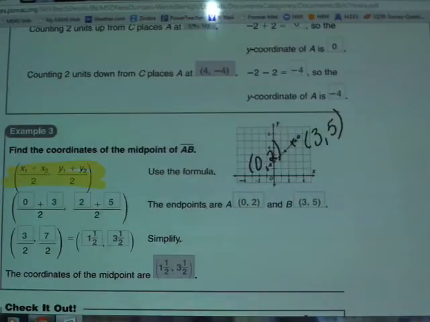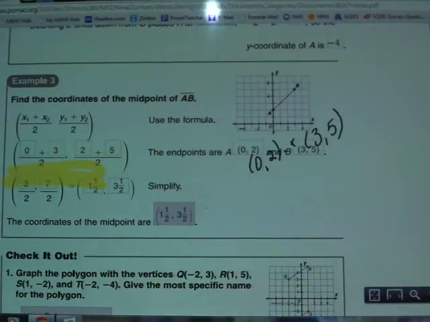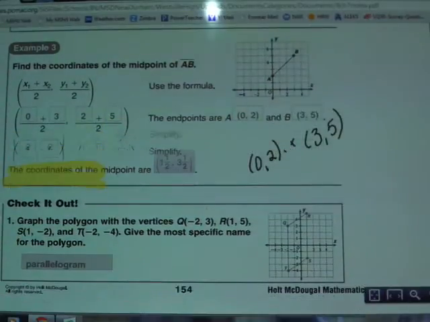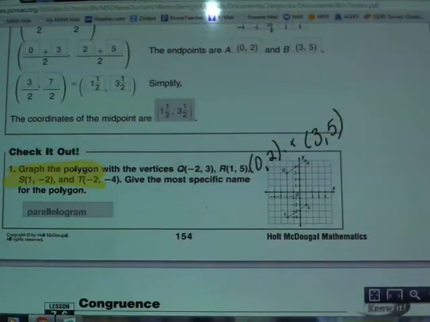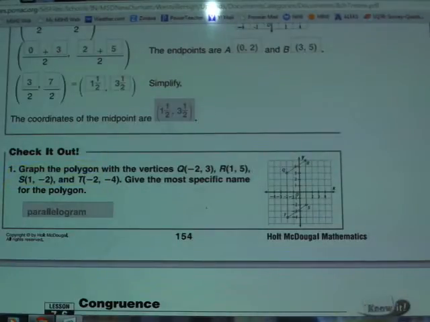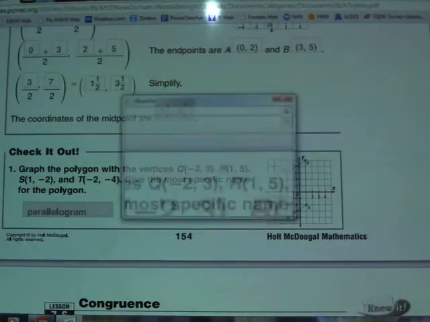Okay, let's finish this out with the check it out example here. We're supposed to graph the polygon with the vertices Q(-2, 3), R(1, 5), S(1, -2), and T(-2, -4), and then we're supposed to give the most specific name for the polygon.